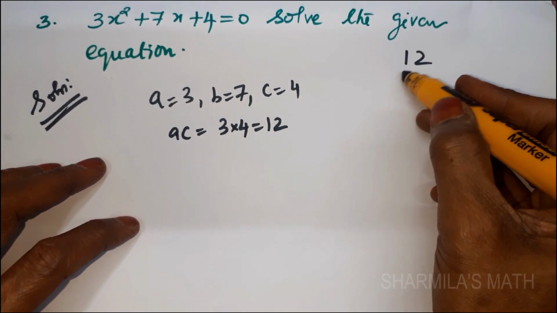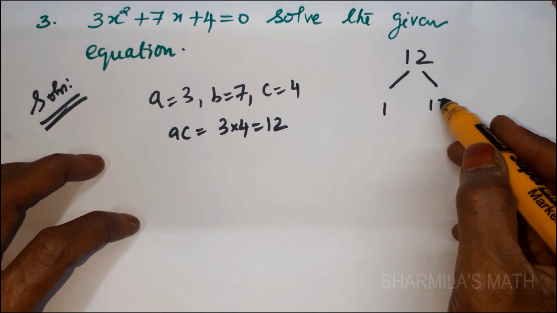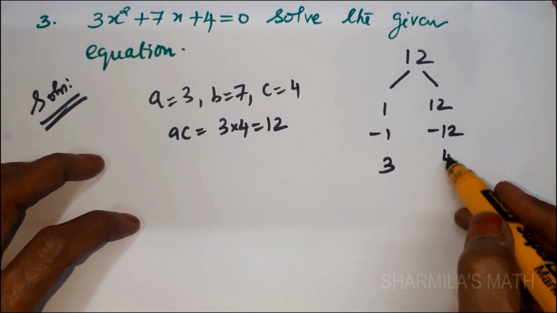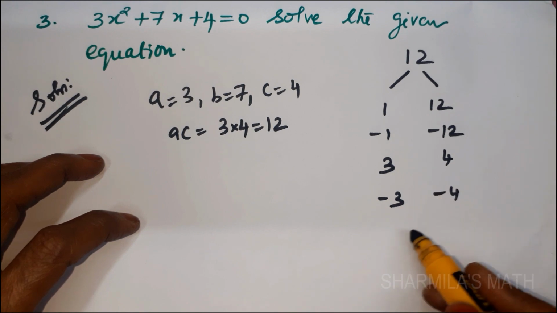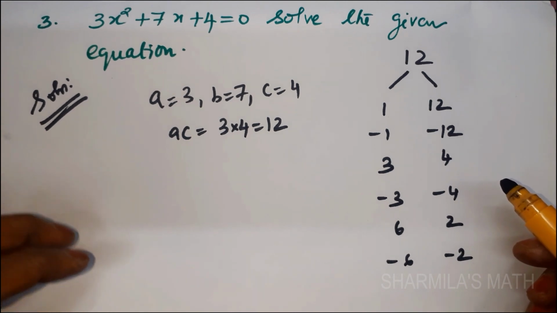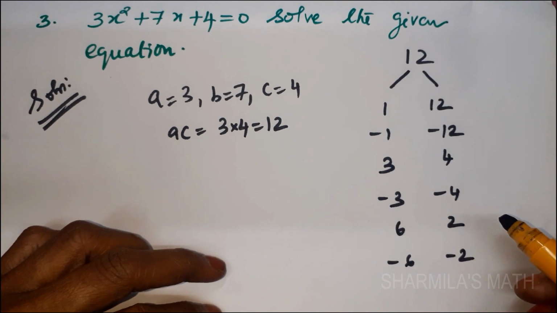So first we have to find the factors for 12. Plus 12 only. So 1 into 12, minus 1 into minus 12, then 3 into 4, minus 3 into minus 4, 6 into 2, minus 6 into minus 2. Anything else do we have? No, these are the respective possibilities for 12.